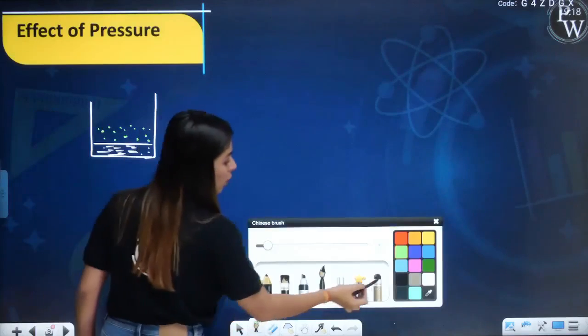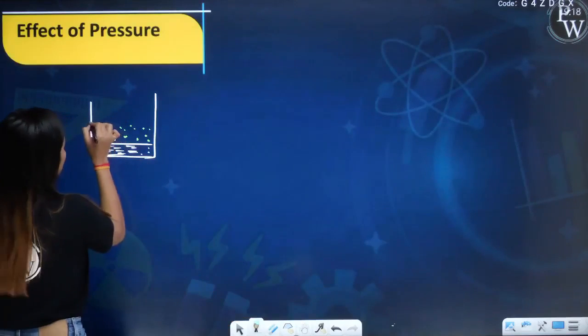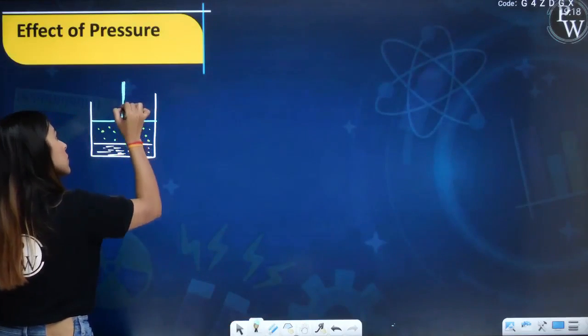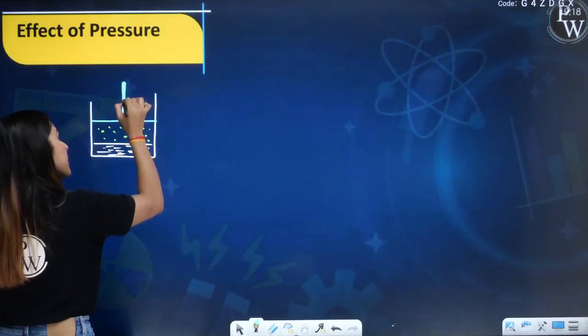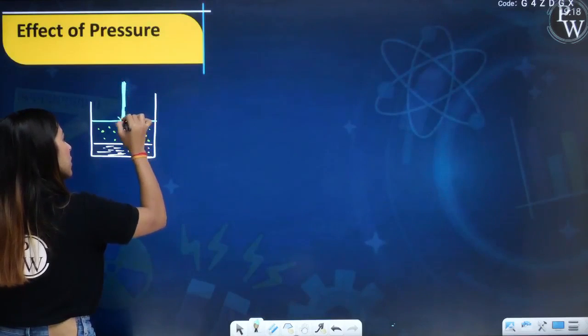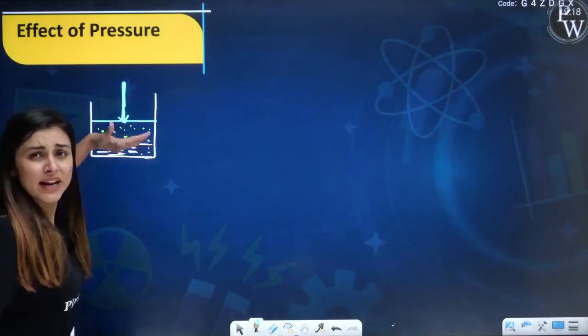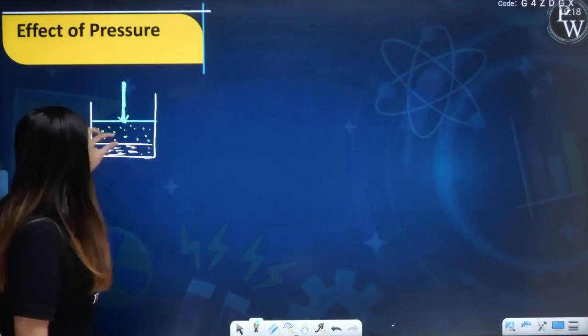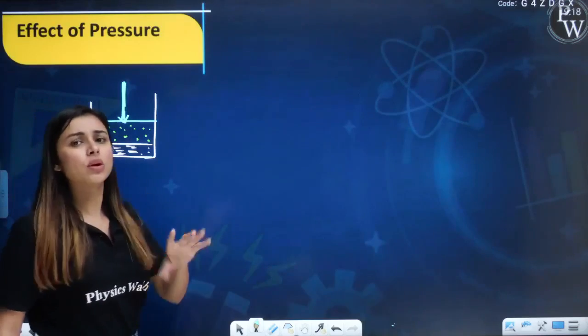Now you apply some pressure here. You try to pressurize it. What will happen? The gas will get dissolved in the liquid.